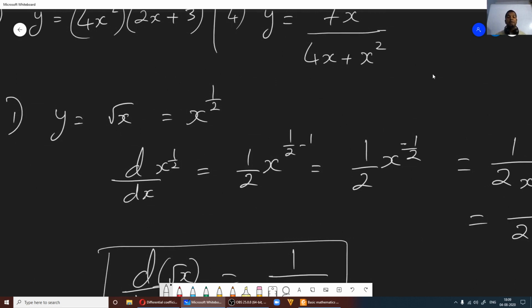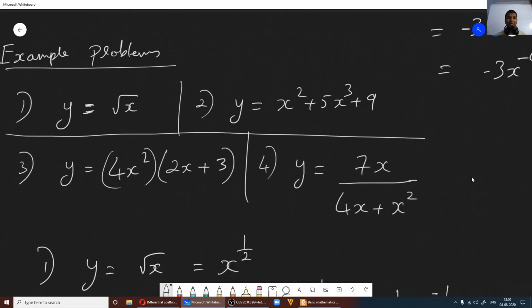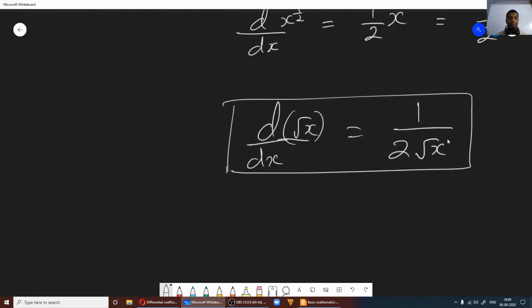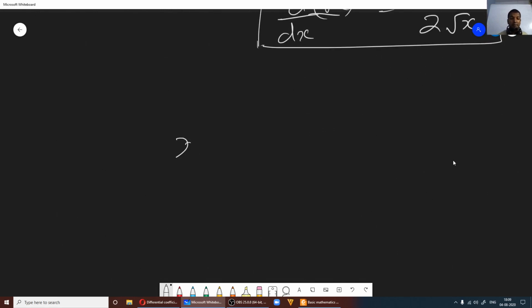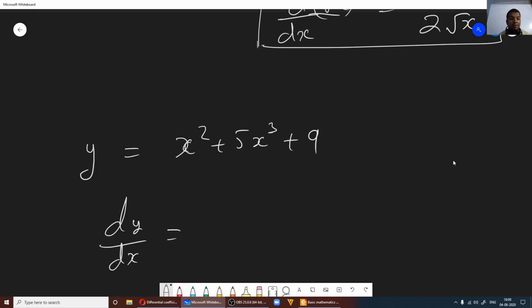Here you have y is equal to x square plus 5x cube plus 9. I've just written some random expressions here. So dy by dx, as I told you, treat these as u, v, w, and if you have other functions like 9x square, you can keep taking them as functions of x, not a problem.